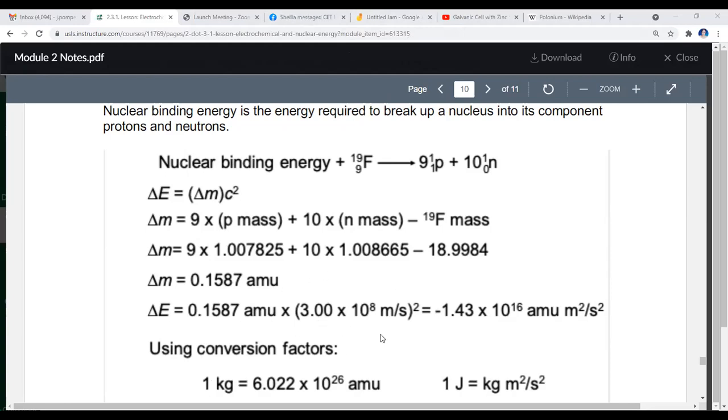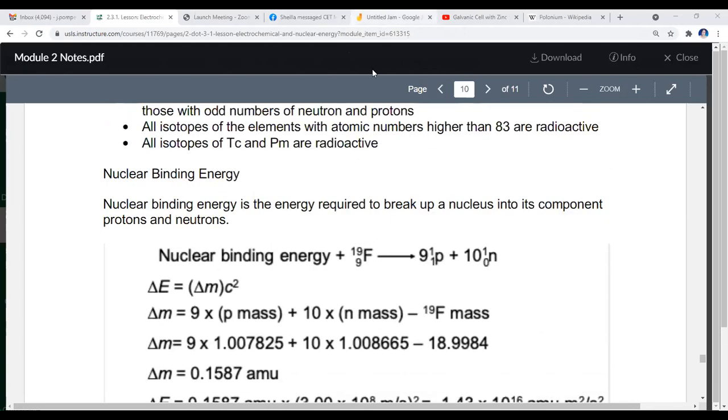The c squared in the mc squared, is it the speed of light? Are you sure? It's the speed of, it's not light, the speed of sound. The c here is the speed of sound.